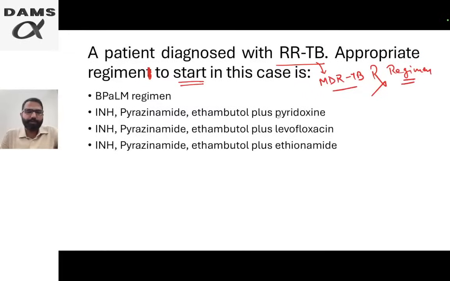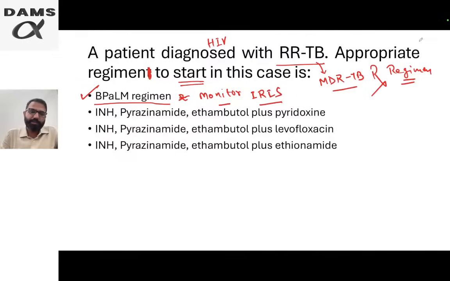This is one of the PYQs, a very recent important topic: in this type of condition we use the BPaLM regimen. Many students are saying, sir, in this the case was given as HIV and what to monitor. If you need to monitor, then definitely monitor for immune reconstitution inflammatory syndrome, IRIS.